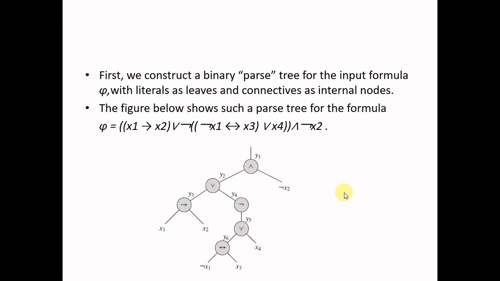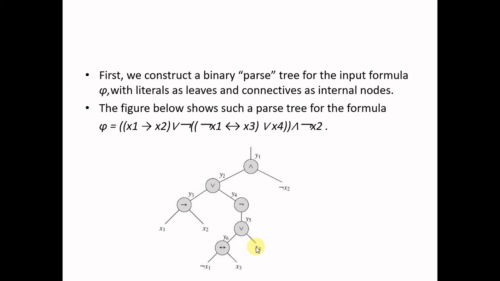This is a representation of the Boolean formula: x1 implies x2. Then negation x1 if and only if x3, where negation x1 and x3 are connected by the if and only if. Then this is connected with x4 using a logical OR.